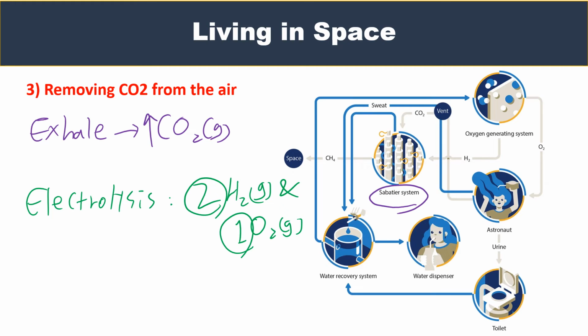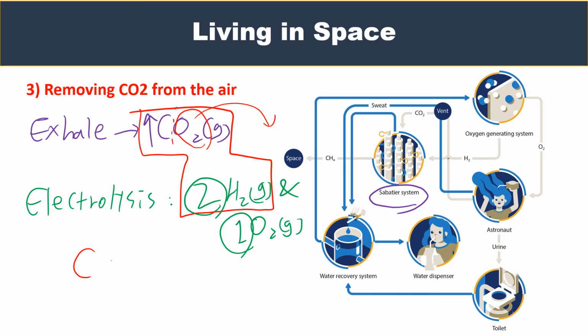What I want you to focus on is actually these two, carbon dioxide and hydrogen. What the Sabatier system does is separate carbon dioxide into carbon and oxygen. Oxygen will be used back as a life support system, oxygen for inhaling. Then what happens to carbon and hydrogen?